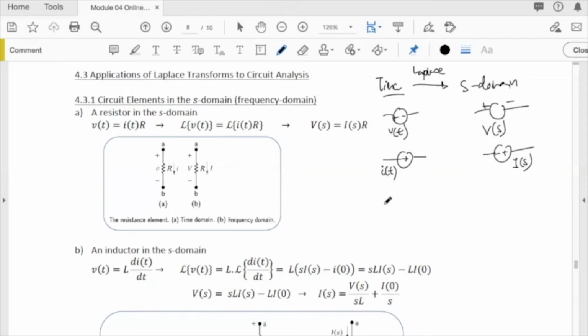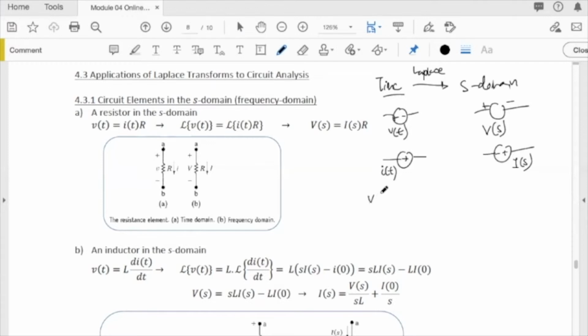And if you have a resistor, in the time domain we denote it based on Ohm's law. You have a resistance, and if you have a current flow, you have a voltage drop.